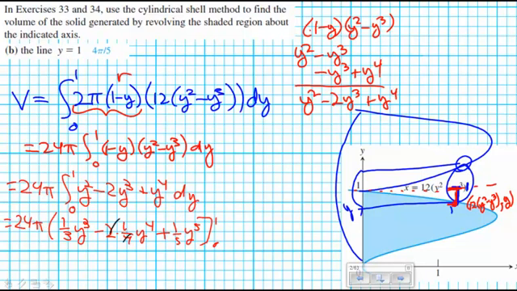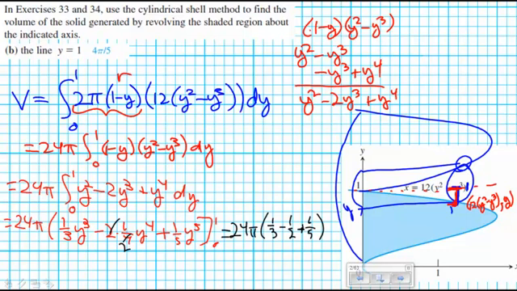This 2 and that 4 cancel, and I get 24 pi times 1/3 minus 1/2 plus 1/5.